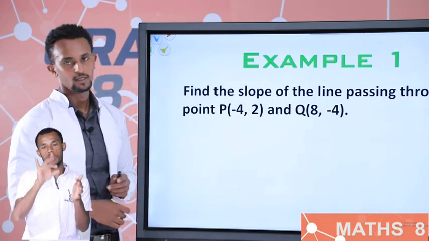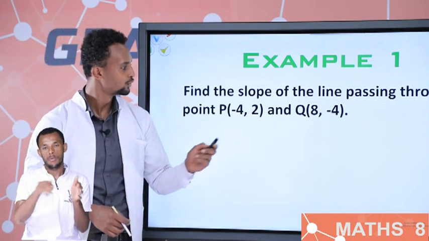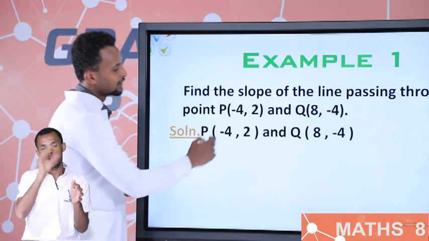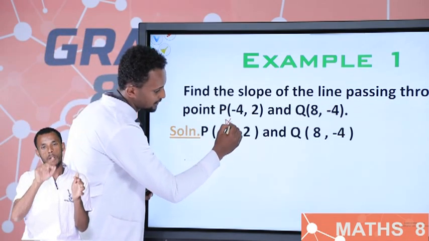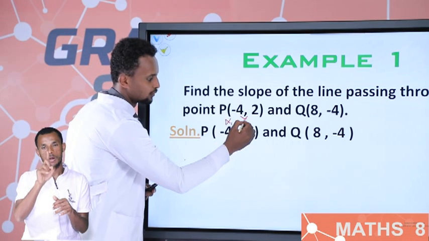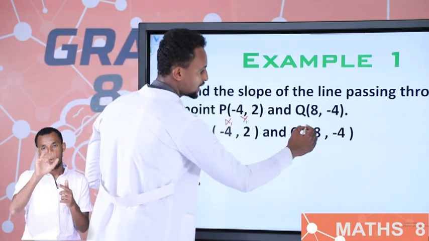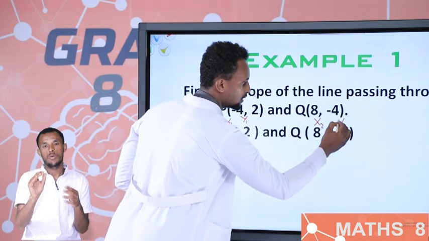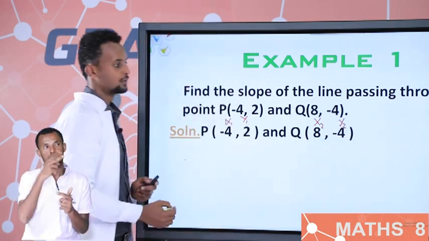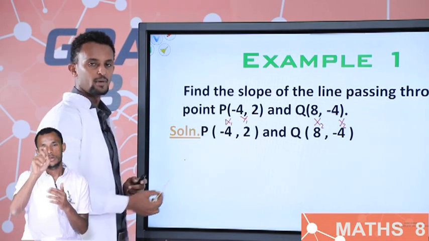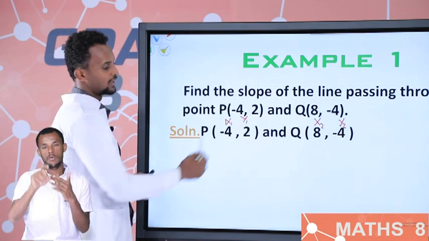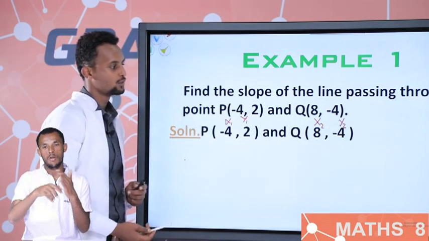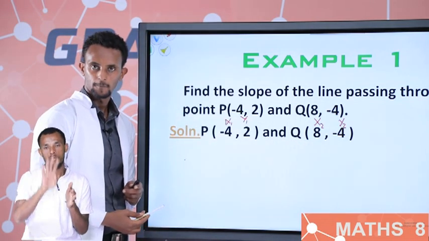In solving, let's say the first one is x1, this one is y1, and the second coordinate, this one is x2 and this one is y2. Therefore, the value of x1 is minus 4 and the value of y1 is 2, the value of x2 is 8, and the value of y2 is negative 4.